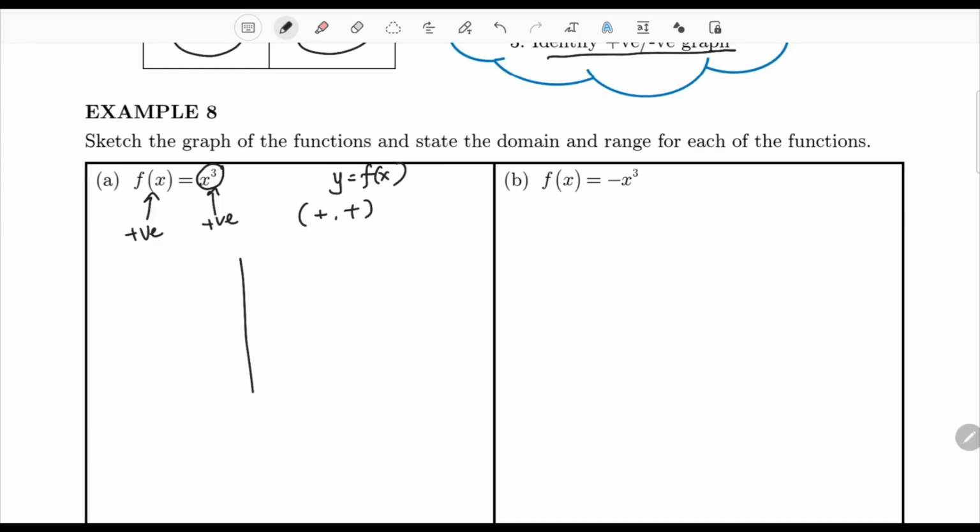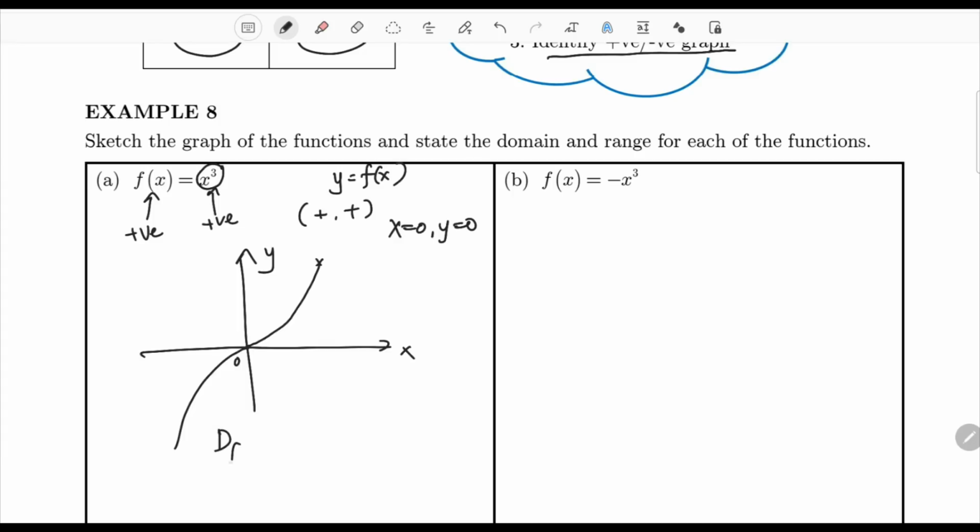So let's sketch it. Let's say this is your x and your y axis. Alright, so when x is 0, you get y is 0. So that will be your intersection point. So positive, positive will be somewhere here. So the graph passes through 0 going downwards.